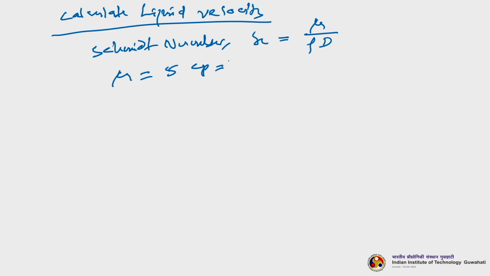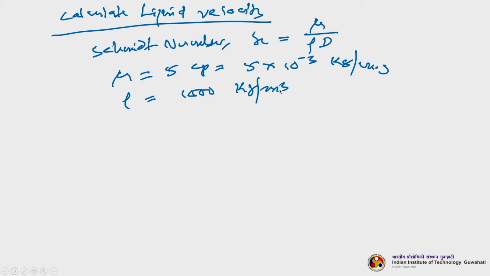cP, that is 5 into 10 power of minus 3 kg per meter second. Then density is given as 1000. Since we are assuming water, the solvent has to be pure water, so we can take the density of pure water, that is 1000 kilograms per meter cube.